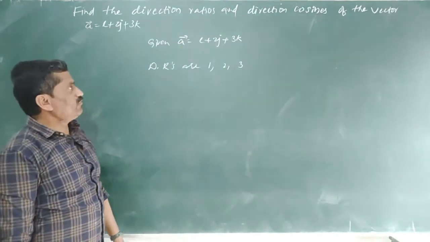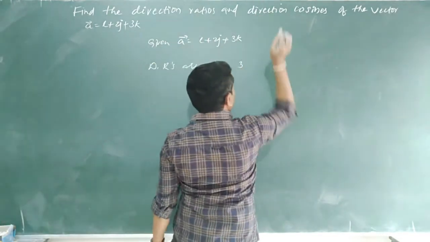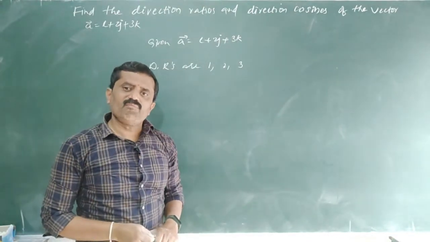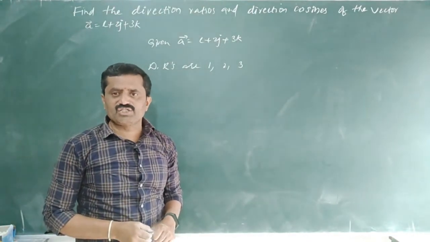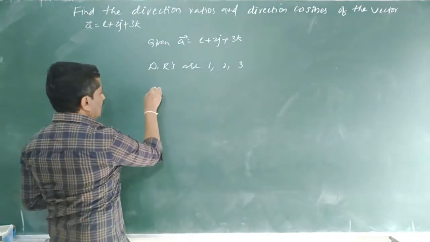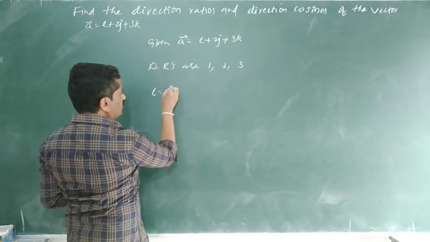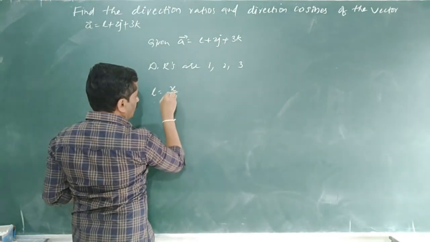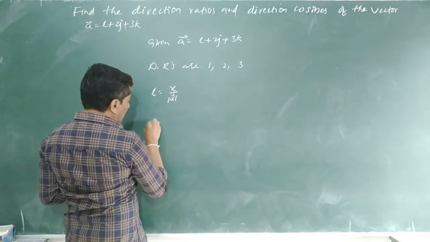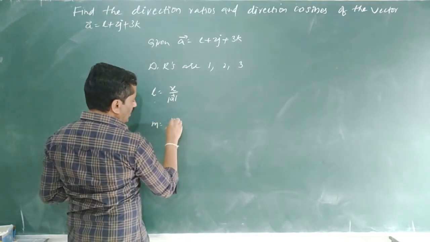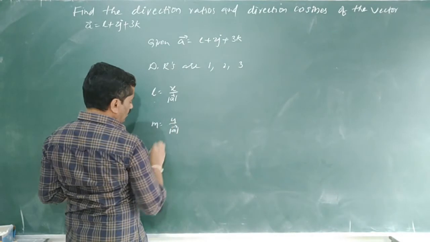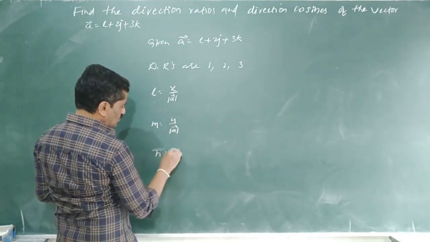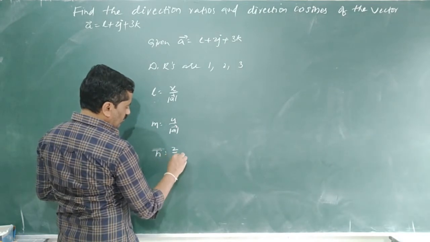Then we have to find the direction cosines. We know how to find direction cosines. Usually l, m, n are called direction cosines. We have l equal to x divided by the magnitude of A bar, m equal to y divided by the magnitude of A bar, and n equal to z divided by the magnitude of A bar.